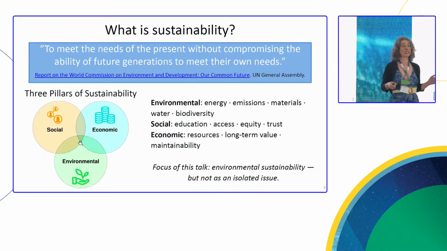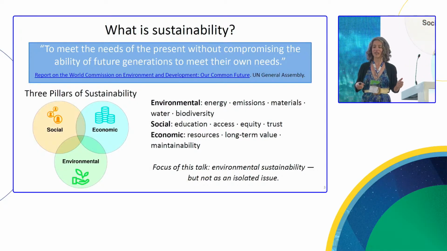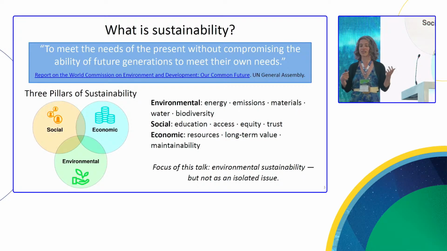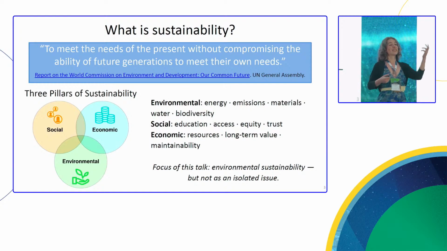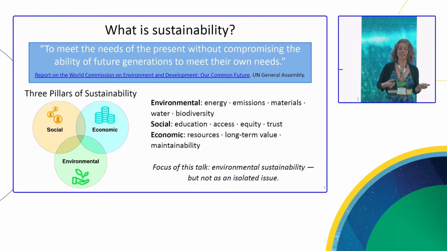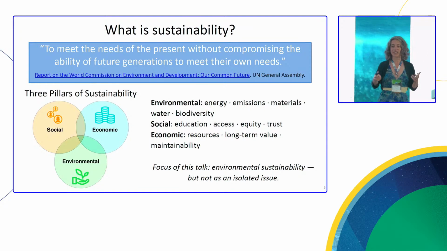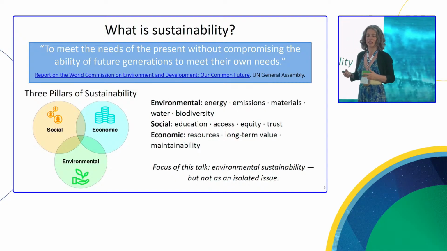There's the environmental one, which you're probably already thinking of, so things like energy, emissions, materials, water, biodiversity. But there's also the social aspect of it, so sustainable education, access, equity, and trust, everything that Flavia just talked about. And then also economic sustainability, so sustainability of resources, long-term value, maintainability.